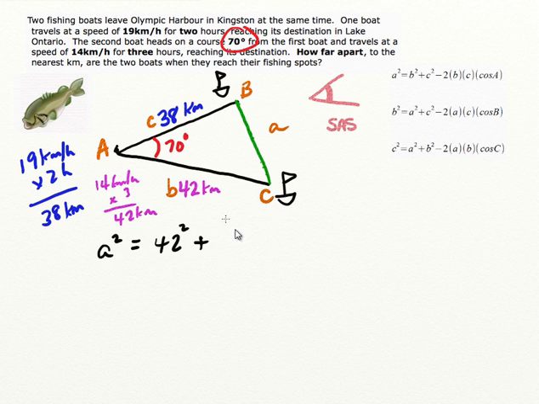Well, c was 38, so 38 squared, minus 2 times little b, 42, times little c, 38, times the cosine of angle A, which was 70 degrees.